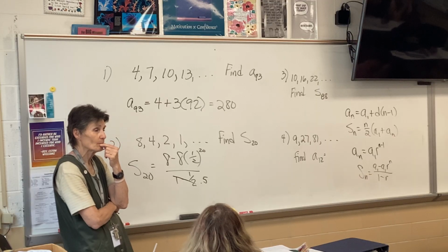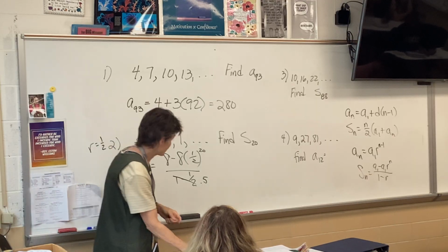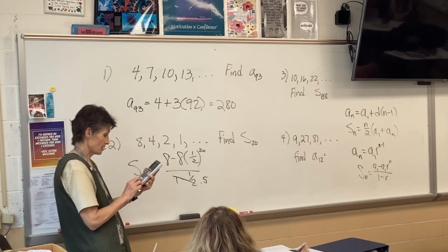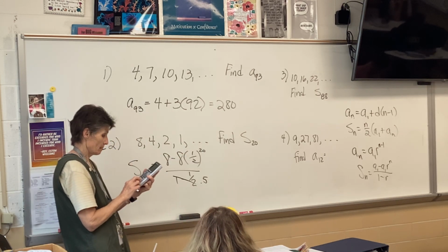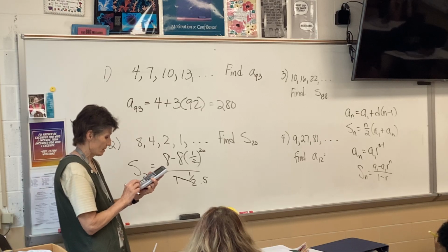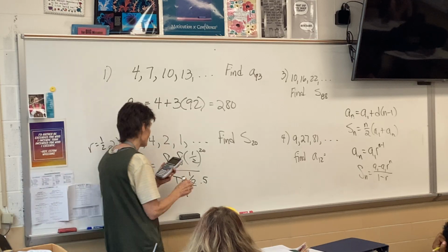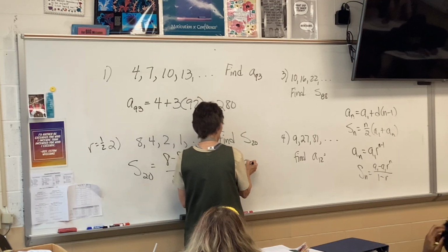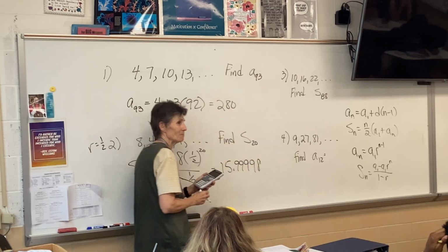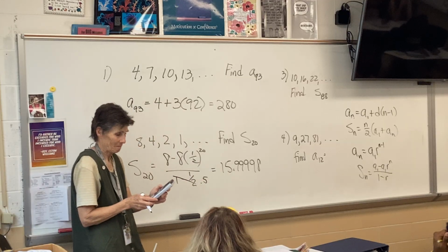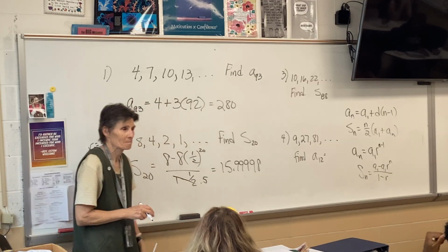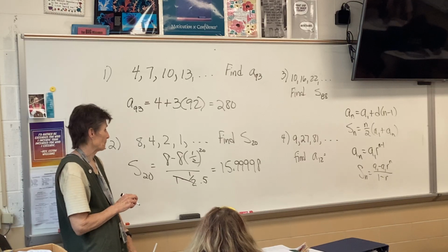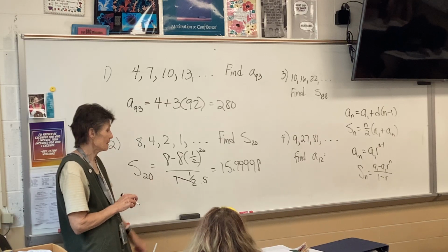And then I just type in the numerator, hit equals, and I get my answer, which is 15.99998. Is that what you got? Not quite 16, but it looks like it's getting close. We'll talk about that today.